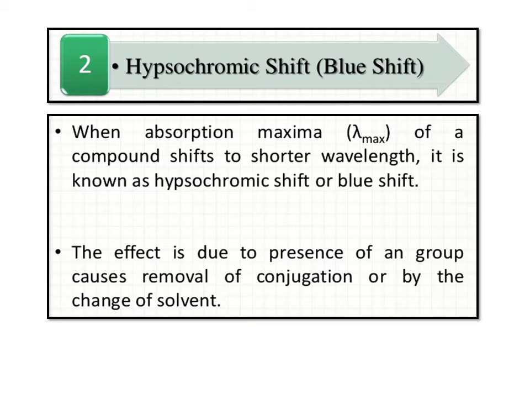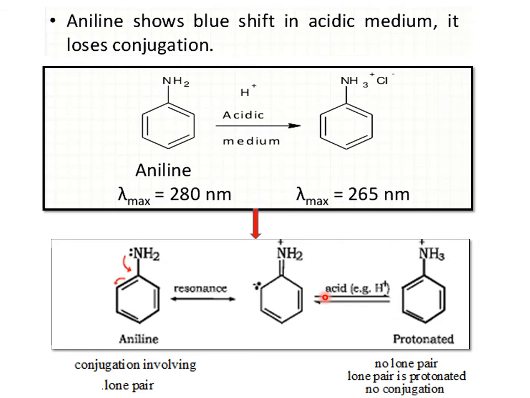With examples, we are going to discuss the hypsochromic shift. I am taking aniline as an example. Pure aniline shows a blue shift in UV. So when you take aniline and run the spectrum, it will give around 280 nanometer. When we put this aniline in acidic solution and run the spectrum, it will give a value around 265 nanometer.